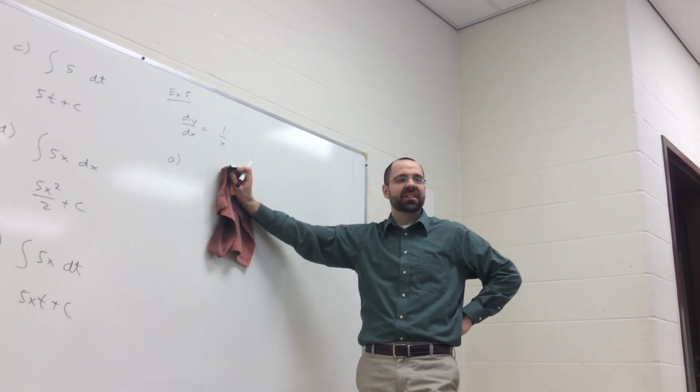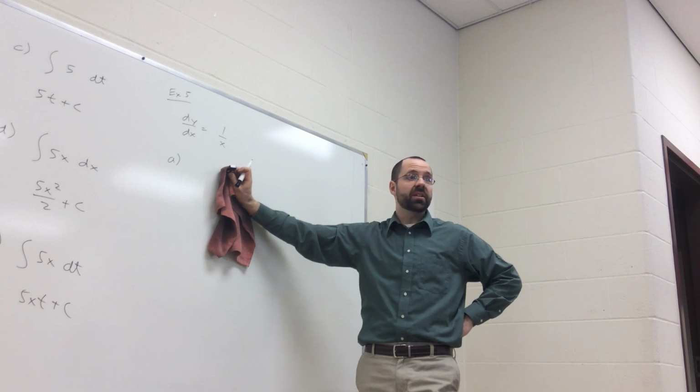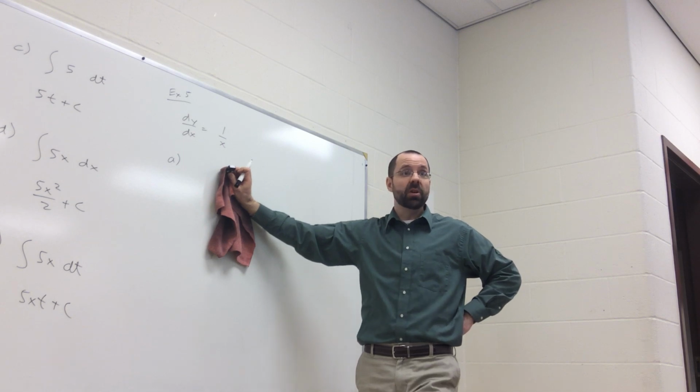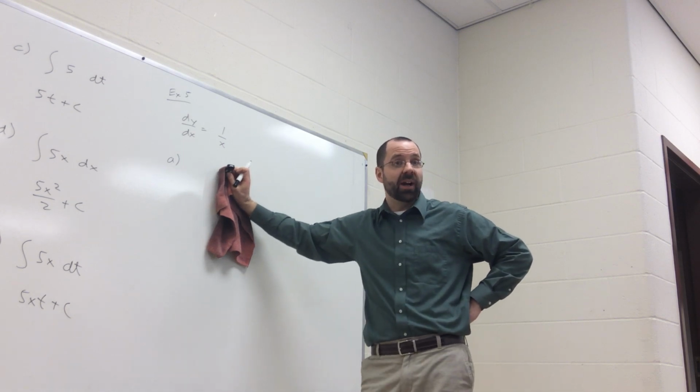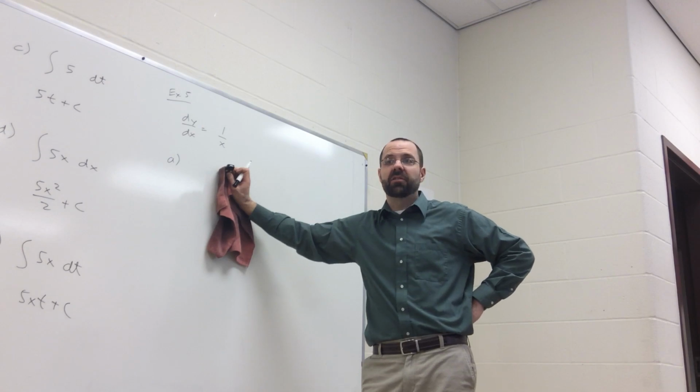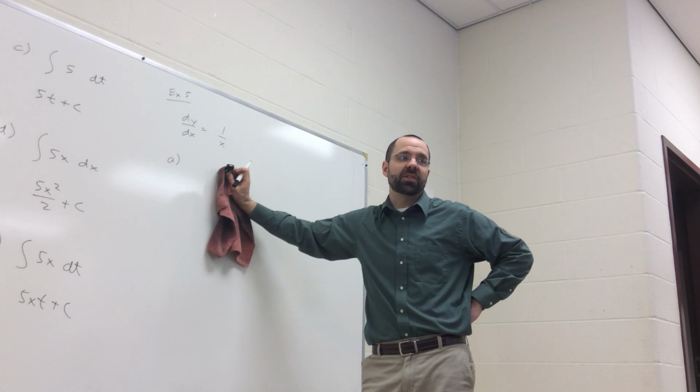But for now, not thinking too deeply, what is the answer? What is the antiderivative? Natural log of x, right? The derivative of ln of x is 1 over x. So the antiderivative of 1 over x is the natural log of x. Now that's not the complete story, and that's what we're going to talk about in this example. But that's most of the story.